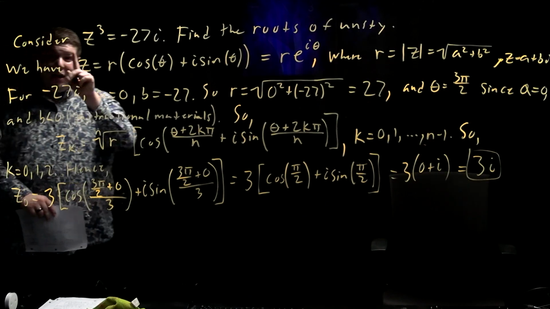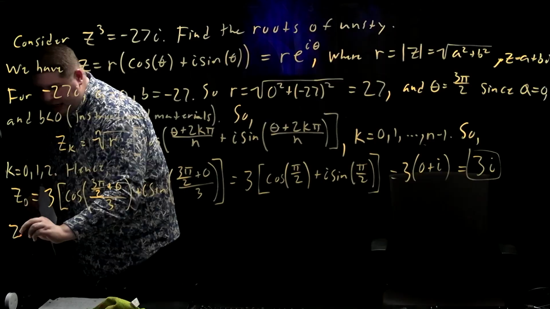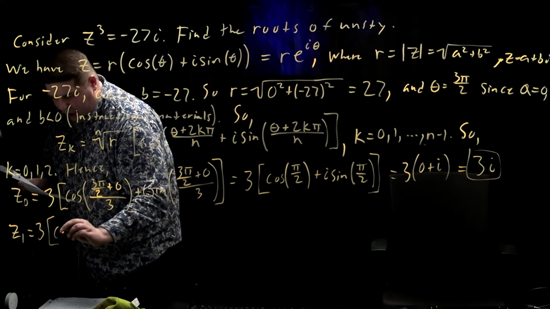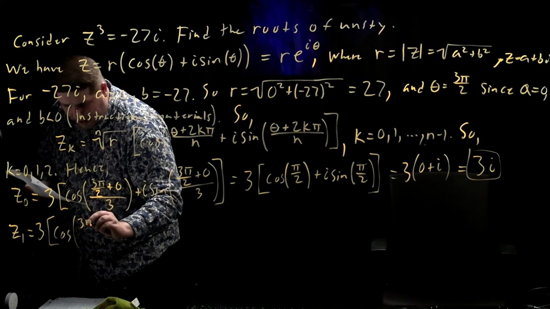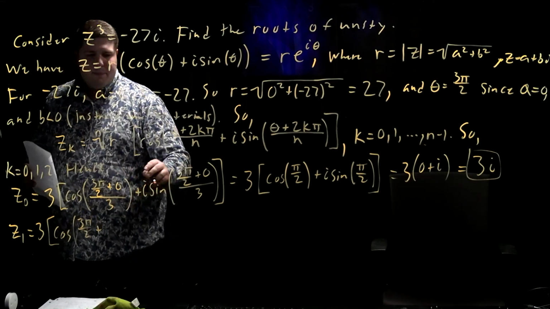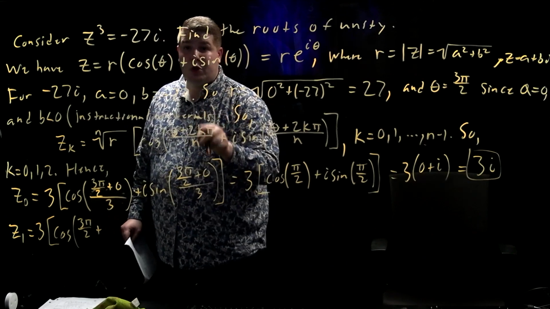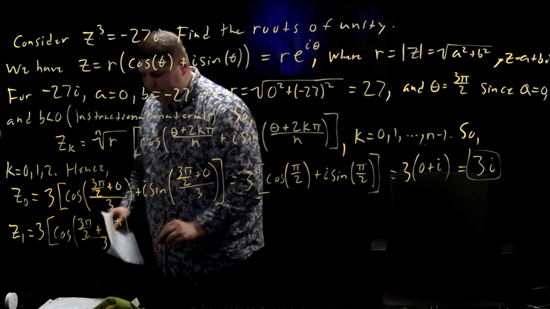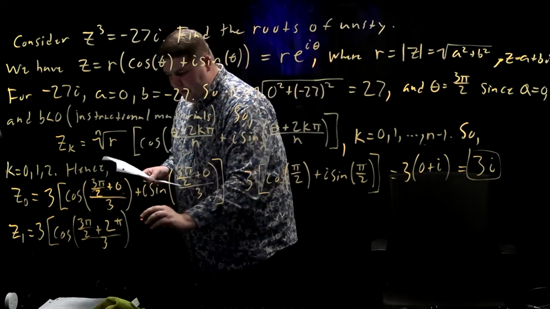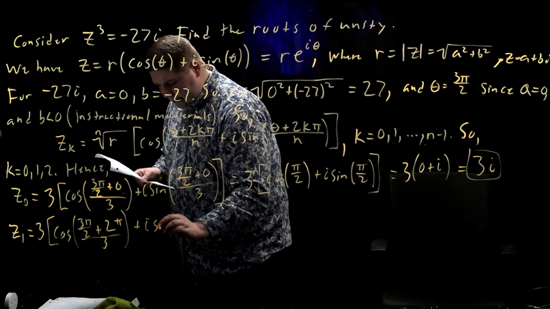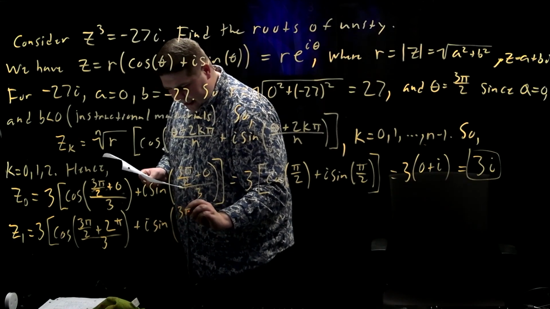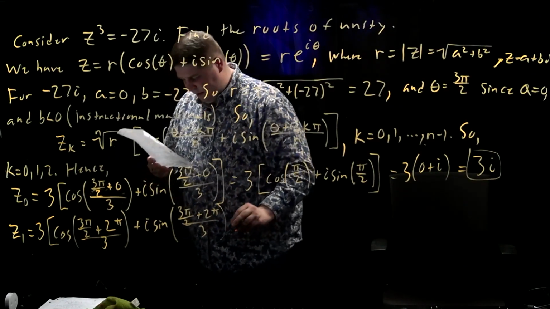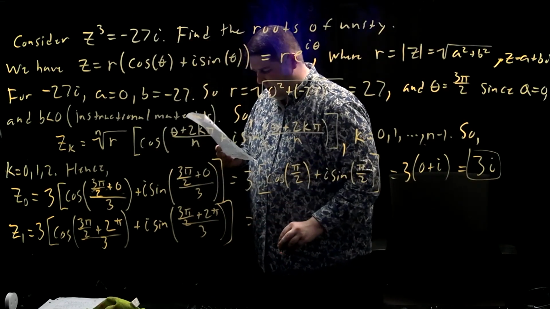Awesome. That's 1, 2 more to go, okay? So z sub 1 is the same thing. So 3 times the cosine of 3 pi over 2 plus, what is it? 2k pi, so that's 2 times 1 times pi, that's plus 2 pi. Plus 2 pi divided by 3 plus i times sine of 3 pi over 2 plus 2 pi divided by 3. Okay?